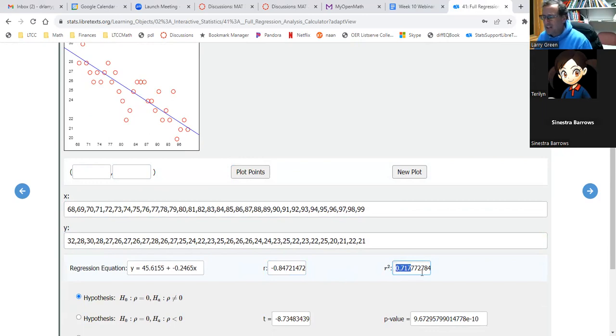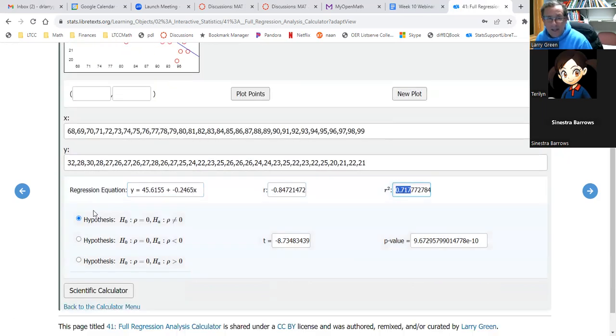I like to round to two decimal places because that reminds me about percents. The equation of the regression line is y equals 45.6155 minus 0.2465x. Any questions on that so far?